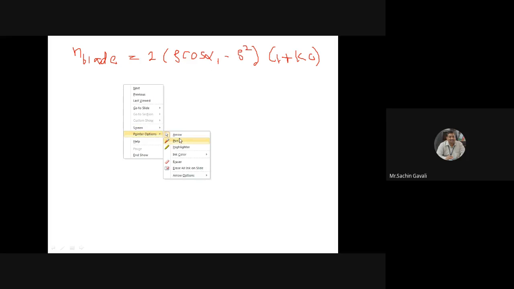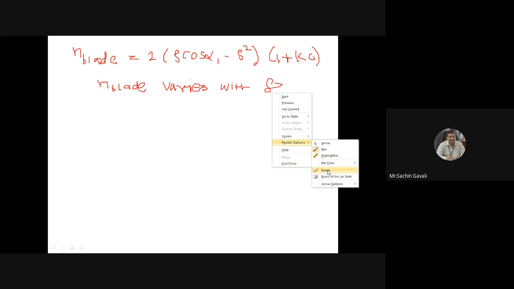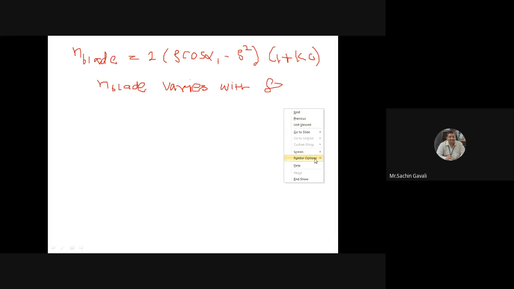So eta blade varies with rho, which is equal to u upon c1.